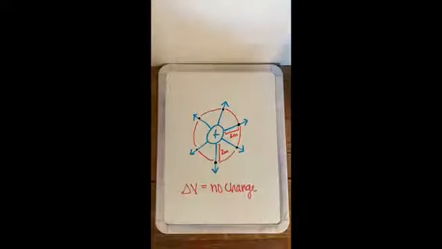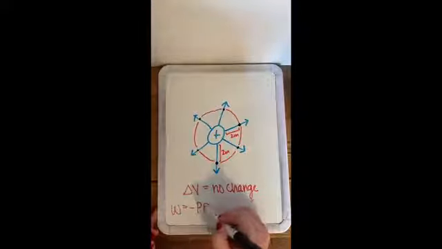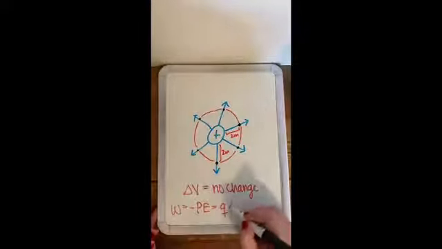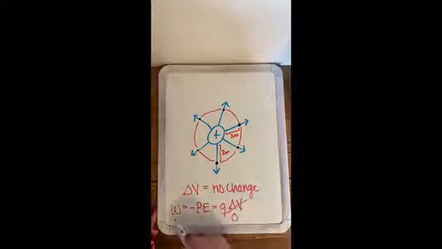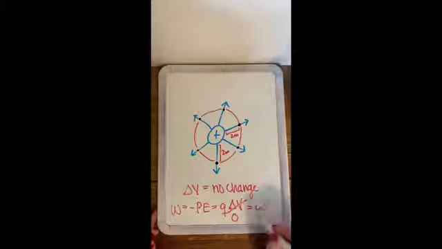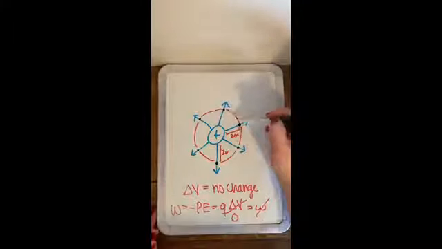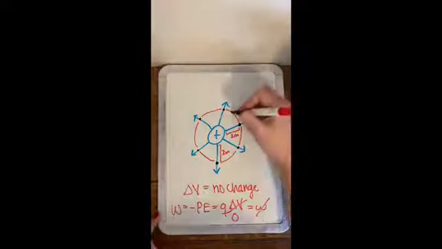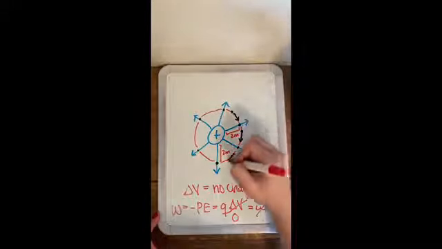You can also conclude that if you have no change in voltage, if this equals 0, you also have no work. So if you have a particle that moves along this line, it takes no work to move this particle along equipotential field lines.